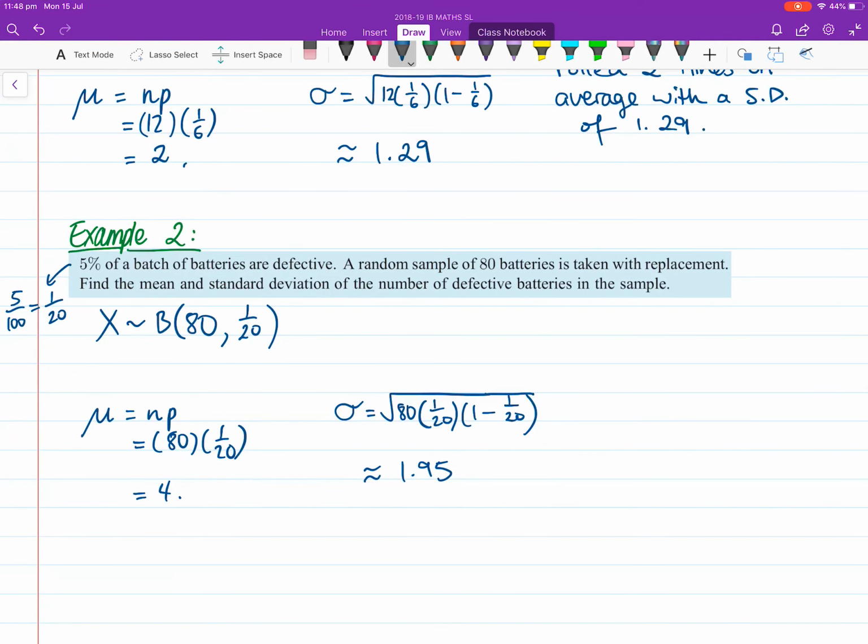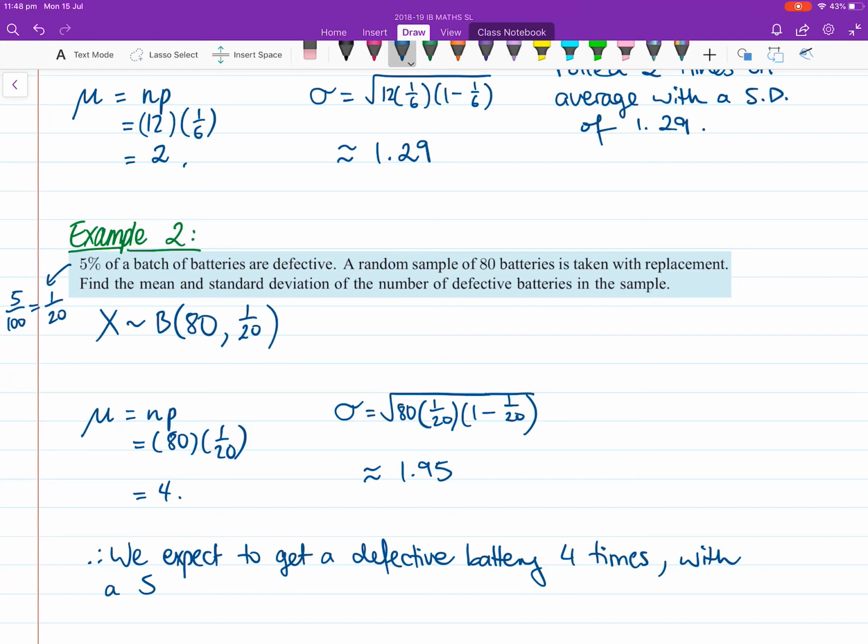So that means we expect to get a defective battery four times on average, with a standard deviation of 1.949.